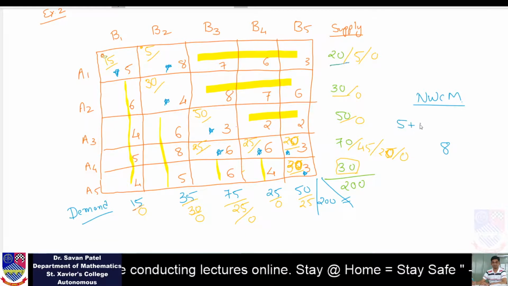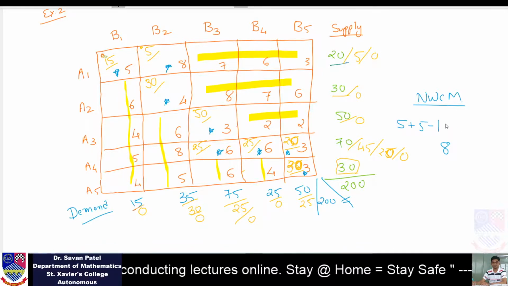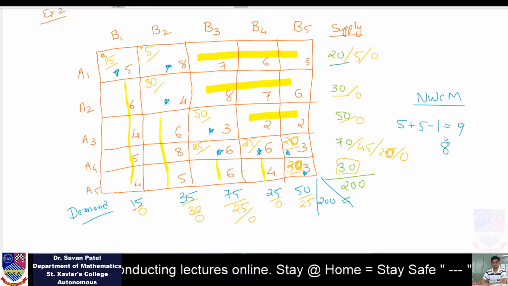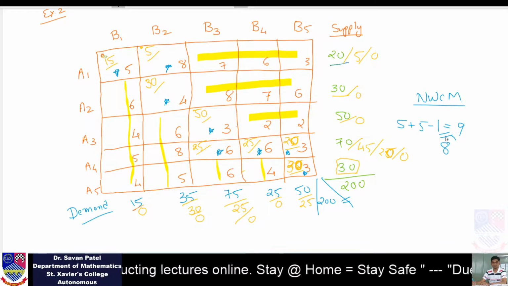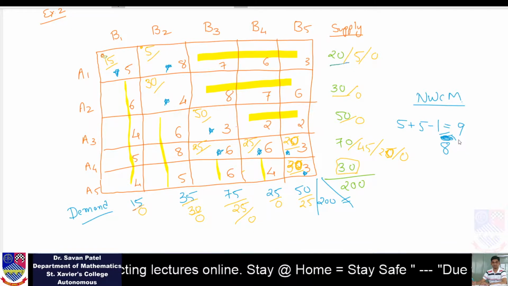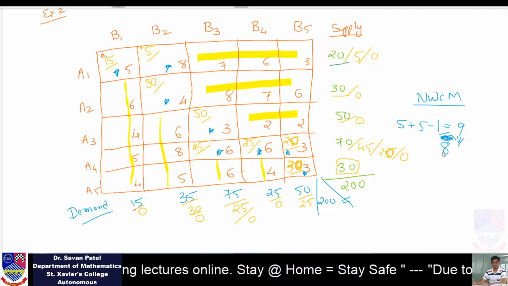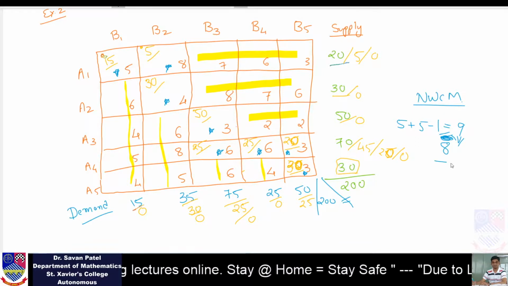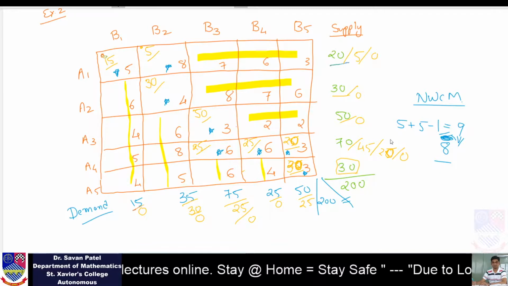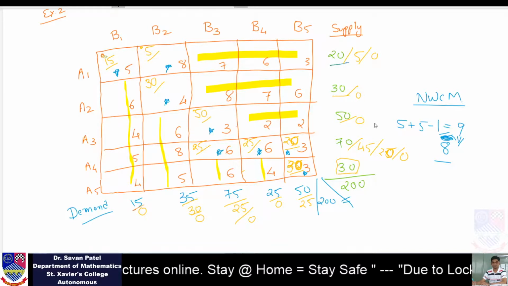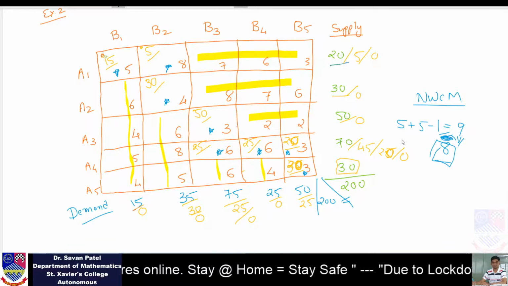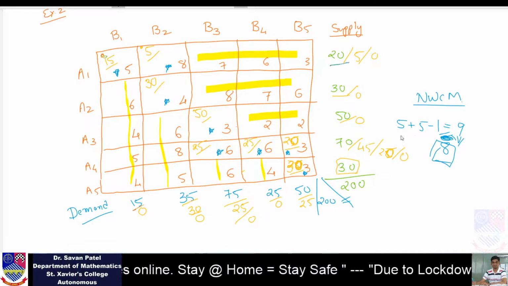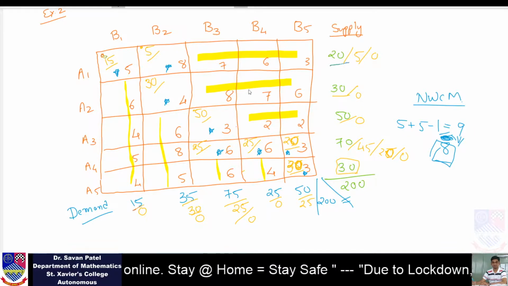So 5 plus 5 minus 1 is 9. So we are having less than or equal to 9 non-zero entries. What I am going to say is that in a basis we will have at most m plus n minus 1 variables.